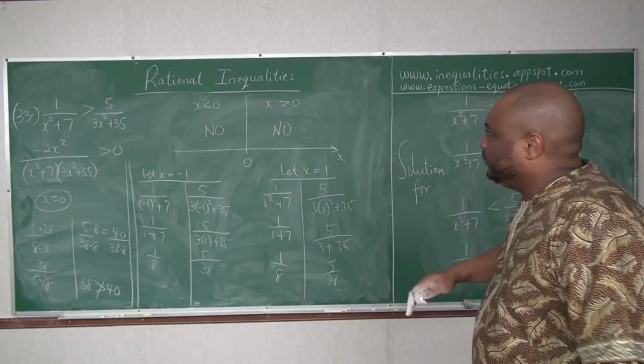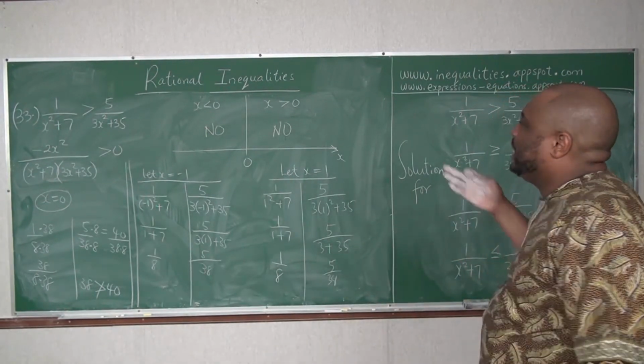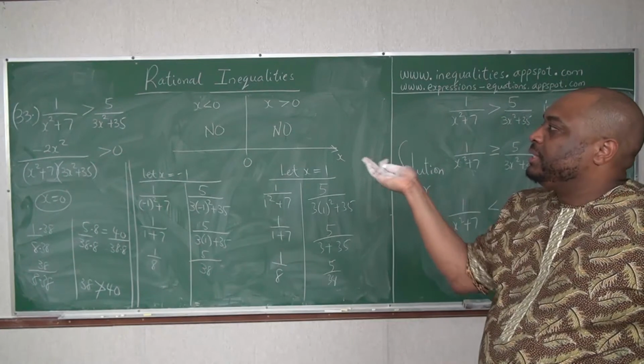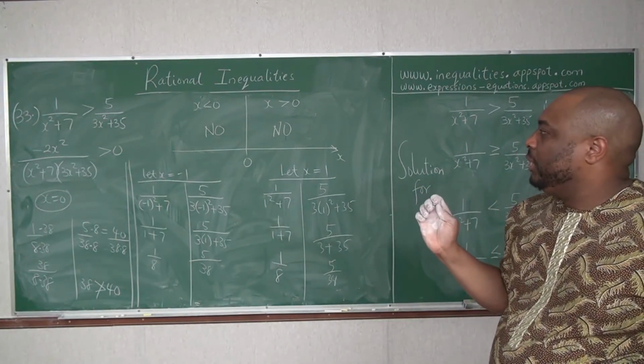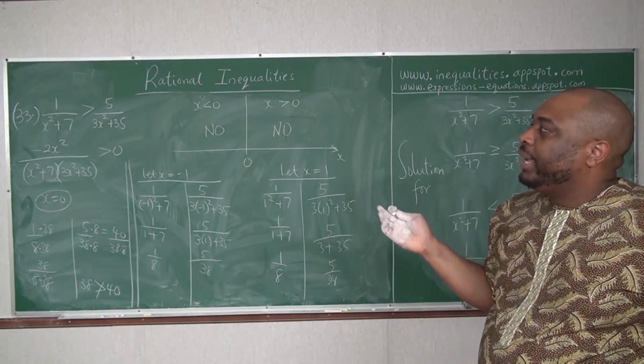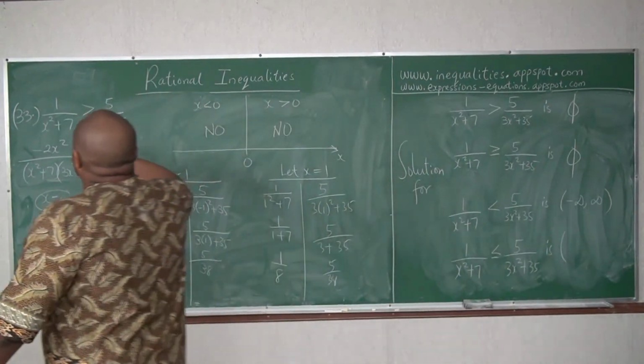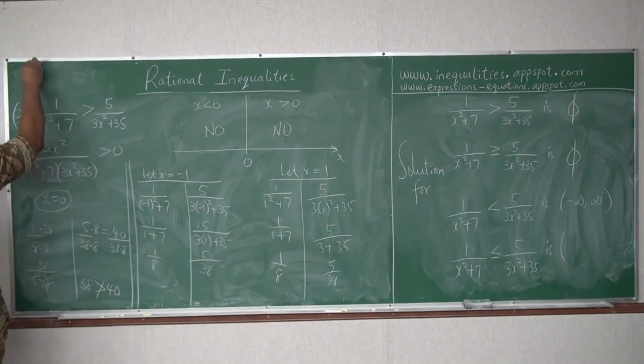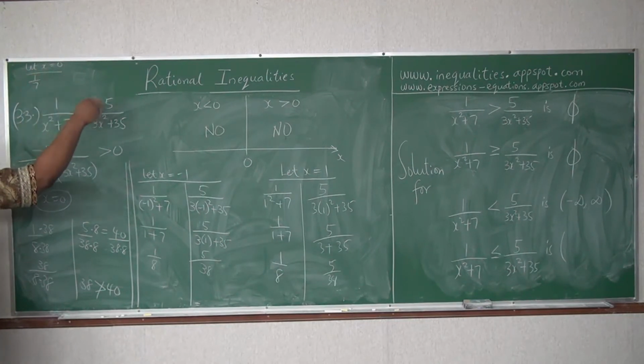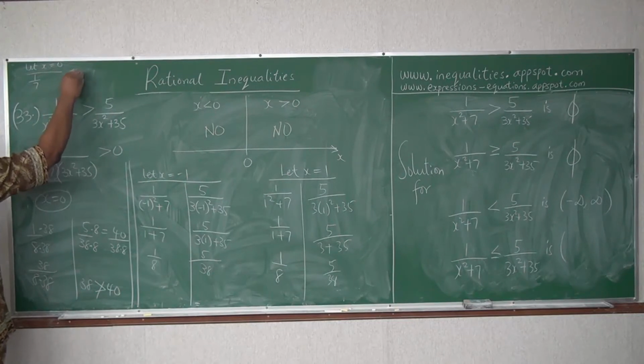So, as you can see here, 0 is even included. Because even if you test it with 0, you will have 1 over 7 here, and you have 5 over 35. So you will have 1 over 7.